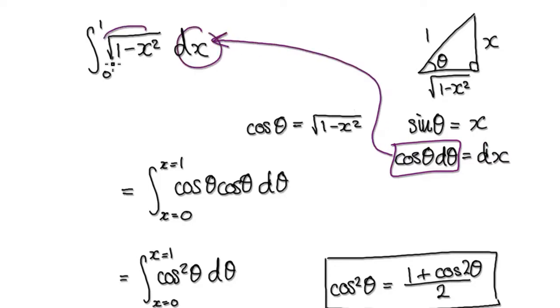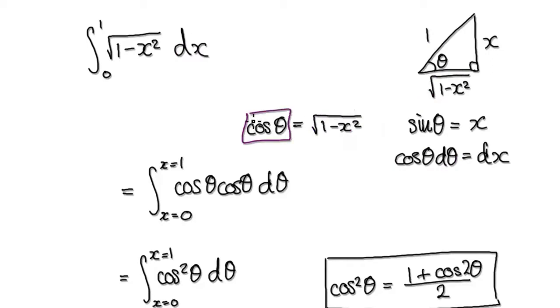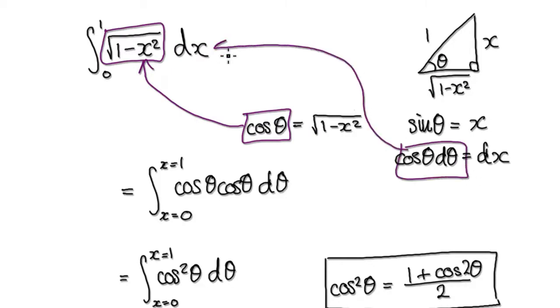But then we need to extract this from the diagram. Well, looking at the diagram, cosine theta equals adjacent over hypotenuse. So now we can put this into here, and we can put this into here. That will then give us this thing.